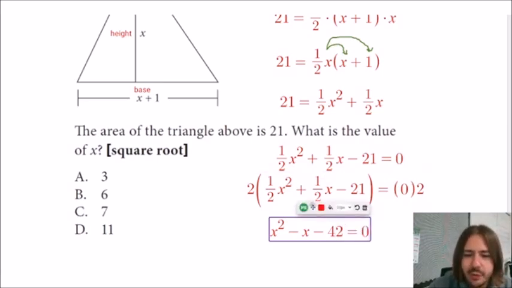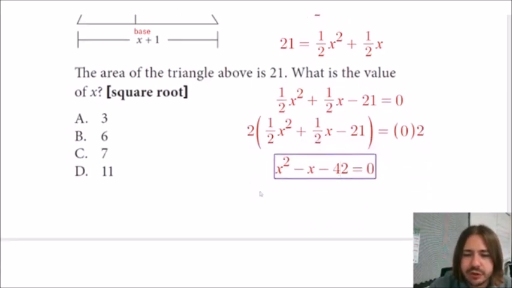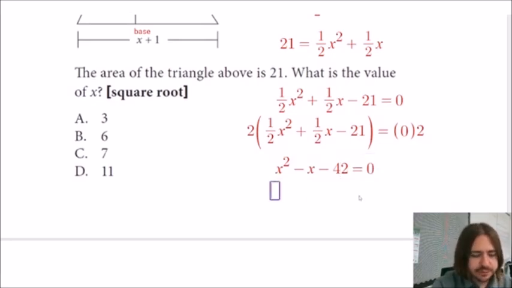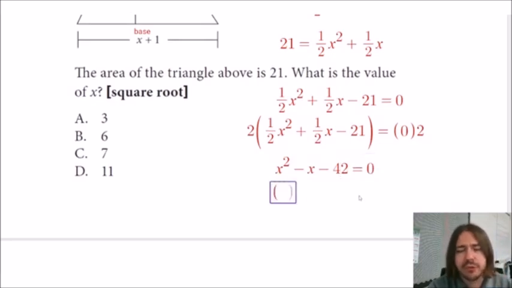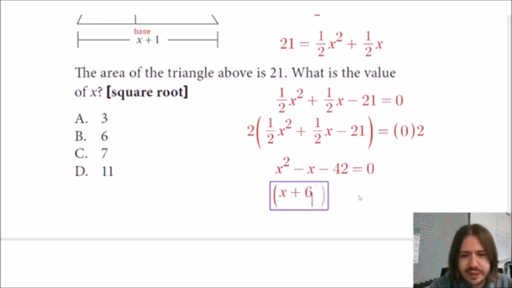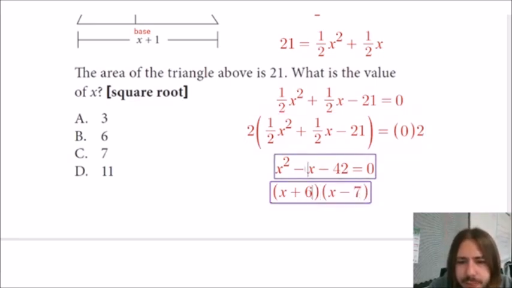Okay. So now we can factor this, and to factor this, we're going to find two numbers that multiply to give me negative 42 and add up to -1. That's going to be positive 6 and negative 7. Oh, you know what?